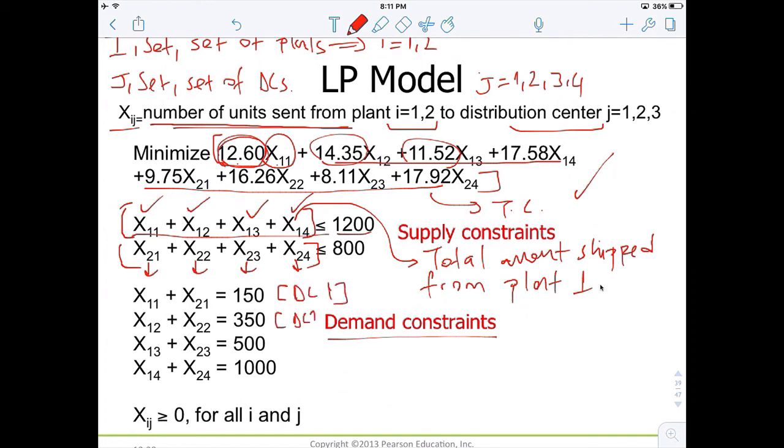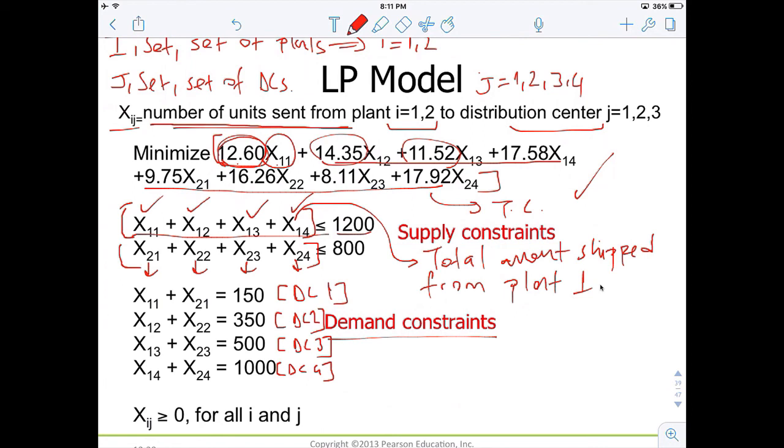So this is distribution center 2, distribution center 3, and distribution center 4. For each distribution center, we have to make sure that the total amount that that specific distribution center is getting from plant 1 and plant 2 should be exactly equal to, or at least, the demand value that they are requesting.